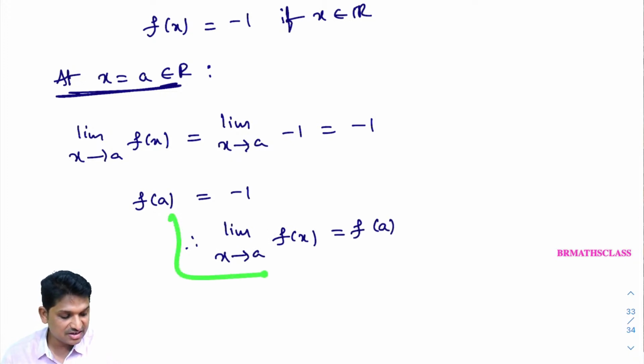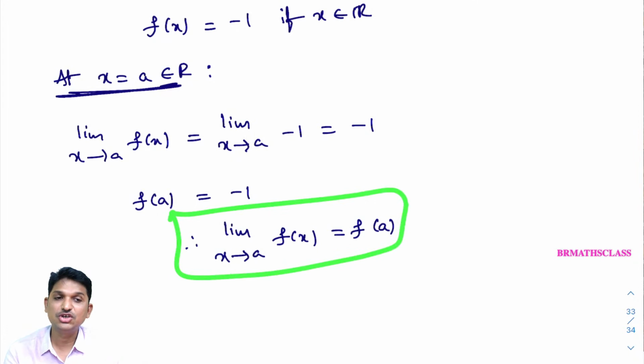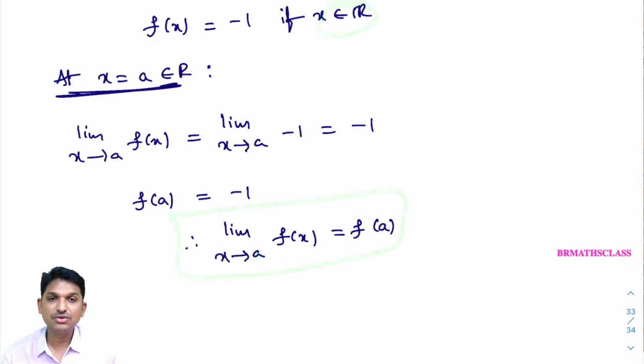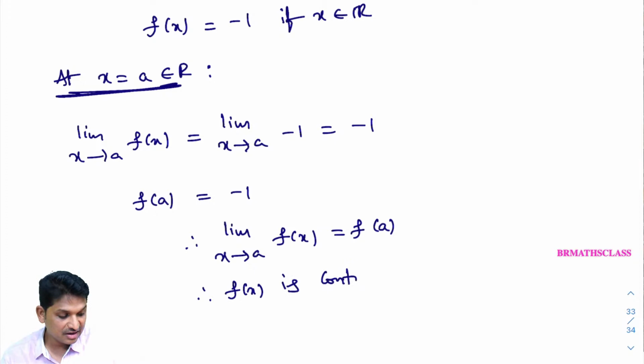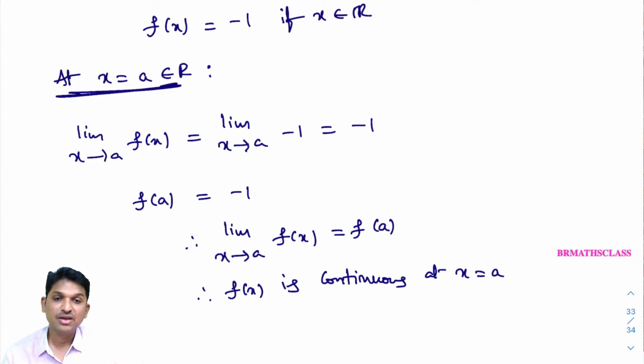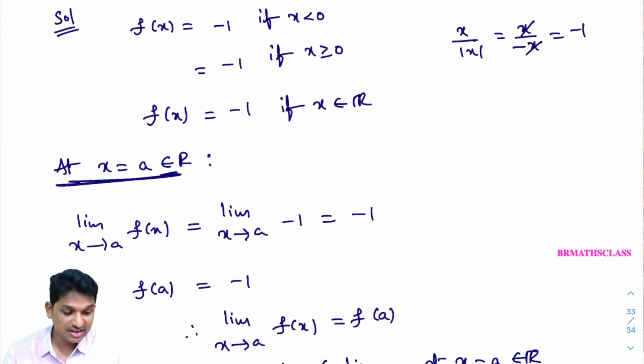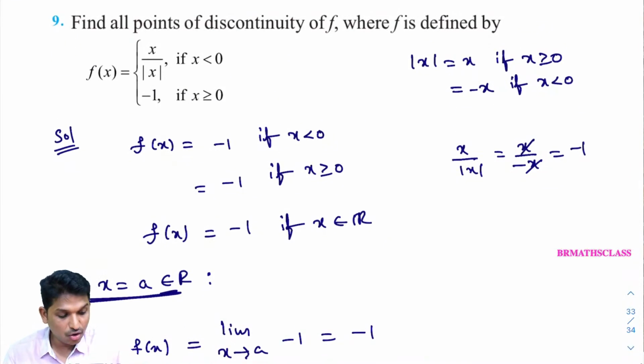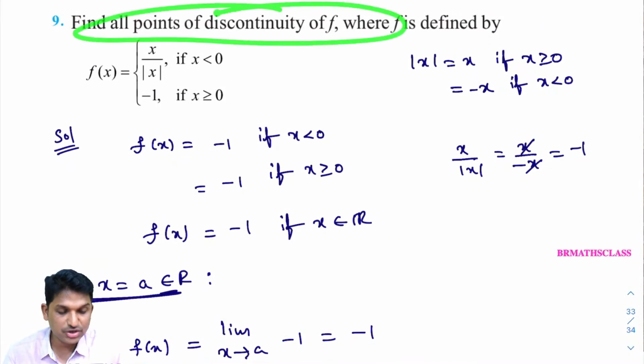When I got this statement, I can say that this function is continuous at x equal to a. What is a here? A is a real number. So I'll conclude, therefore f of x is continuous at x equal to a, where a is any real number. What they are asking in the question is to find all points of discontinuity.